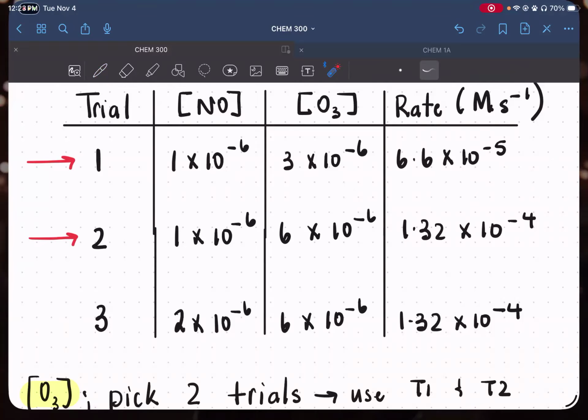What if, just what if this doubled and the rate quadrupled? What would the order be? Second order. This is a 1-to-2 ratio. If this doubles, and I believe this is sextuples, this is third order.